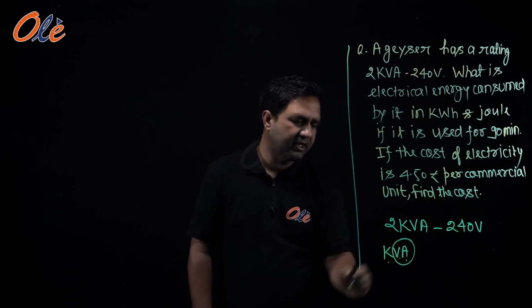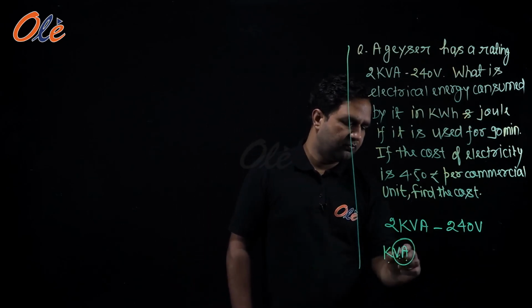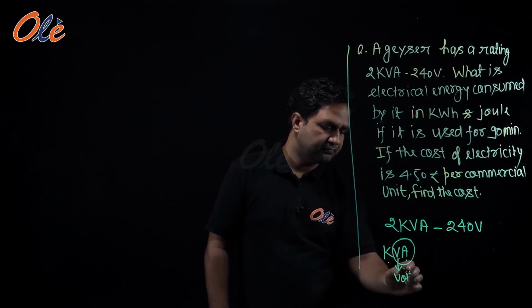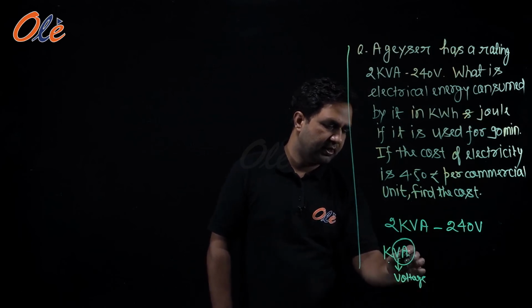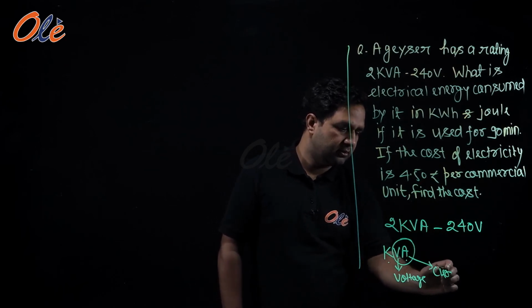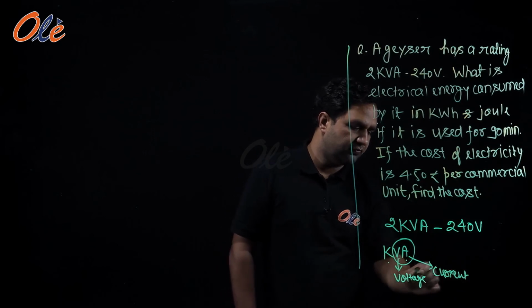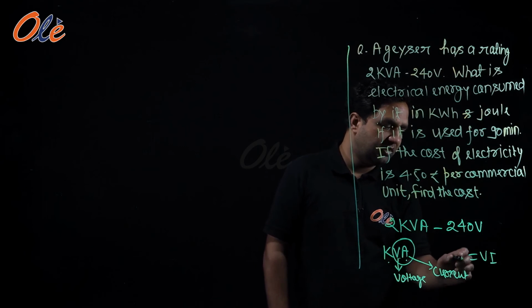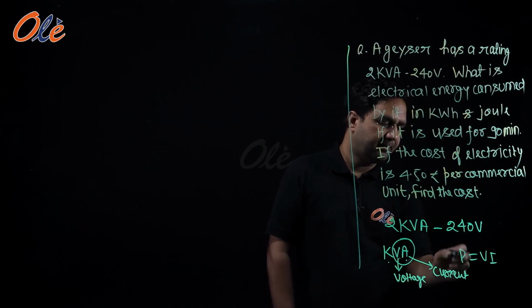What is volt ampere? Volt is the unit of voltage. Ampere is the unit of current. Means VI. And what is VI? P is equal to VI. Power.